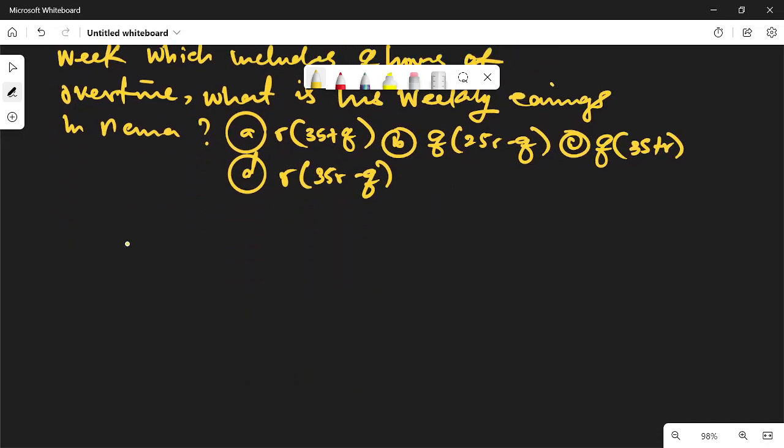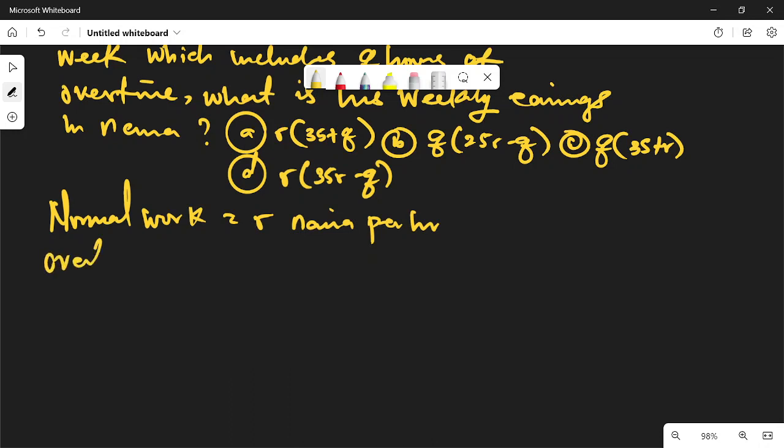So we need to first of all know that for normal work hour, it is R naira per hour. Then if we did overtime, that's 2R naira per hour.